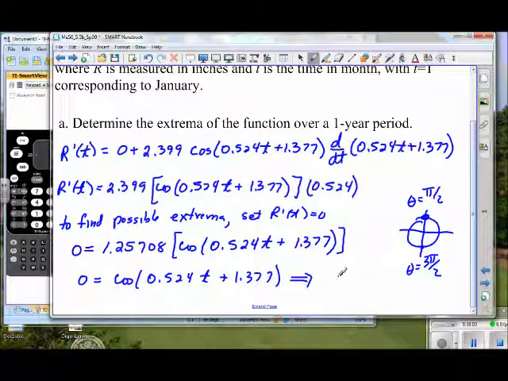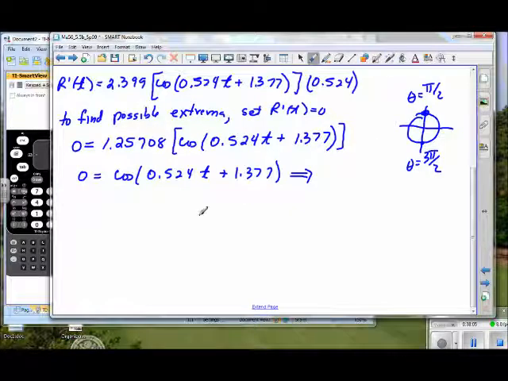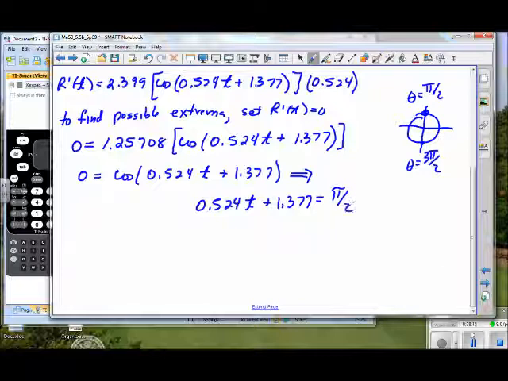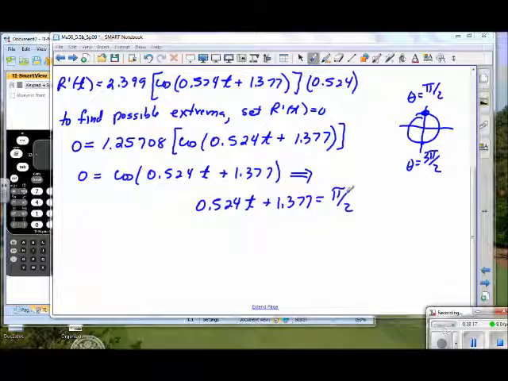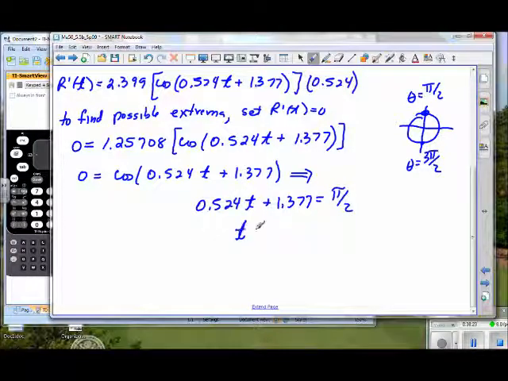So we want to set 0.524t plus 1.377 equal to pi divided by 2. If we use the pi divided by 2, we solve this, and we can come up with that t is approximately 0.3698, or we could round that off to approximately 0.4.